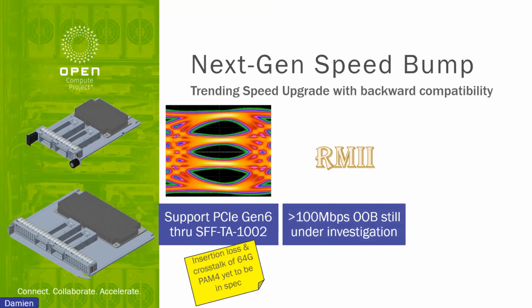The second part I would like to talk a little bit about is the investigation on the faster management band. We heard this from offline conversation, the OCP Global Summit, as well as server group discussion, whether there's any potential we can improve our management band speed from the supported 100 megabits per second to something higher. This is the area that we look at. We have had a bit of discussion, but there is no low-hanging fruit.